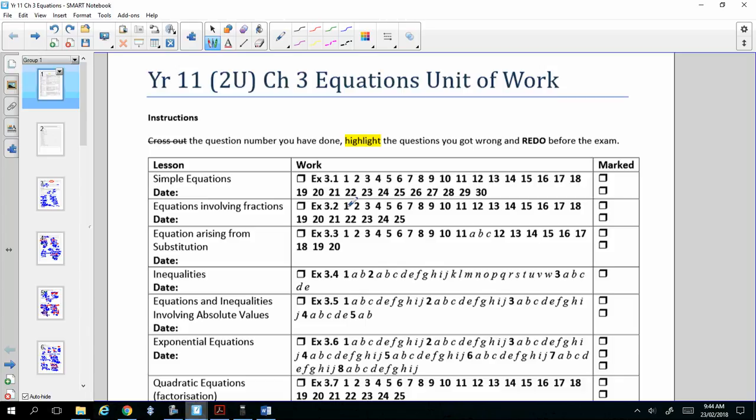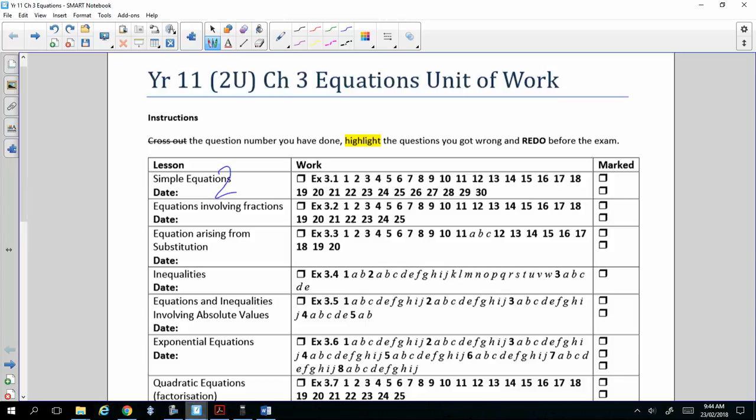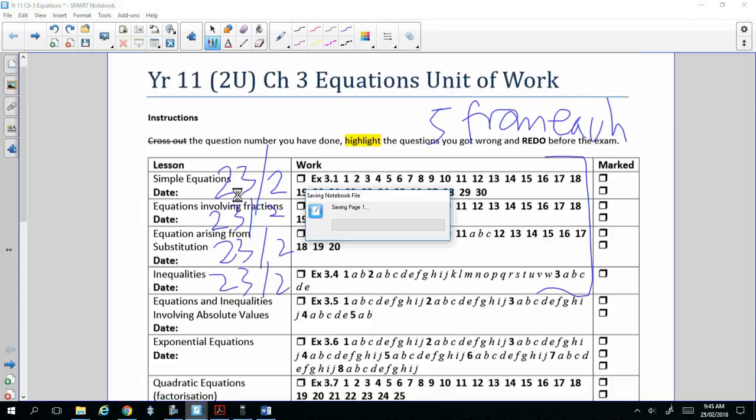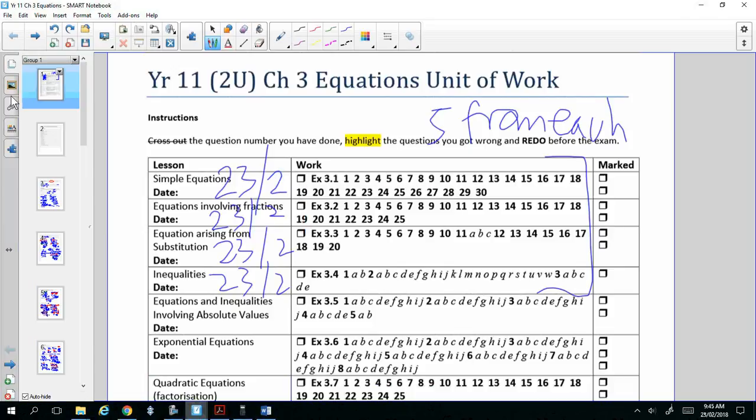Maybe just do 5 from each. 5 to 10. Make sure you do some harder ones. Over the weekend, I'll go back to that last page in case you missed things. All right, good. Okay, that's the last thing we did. All right, you can start now.